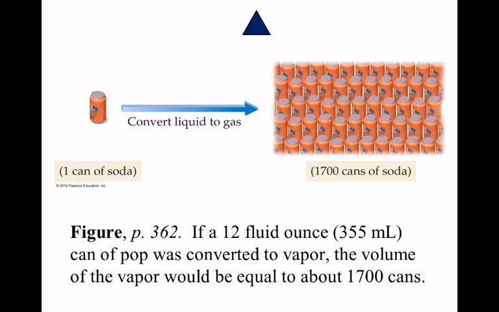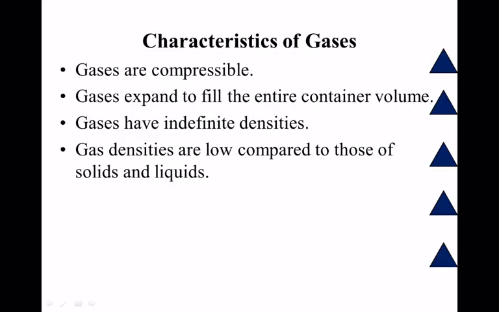Now, I would argue that this must be at standard temperature and pressure, but it depends, once you gasify it, on what your temperature and pressure of your soda is. So that's that.